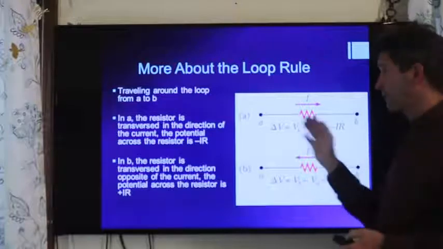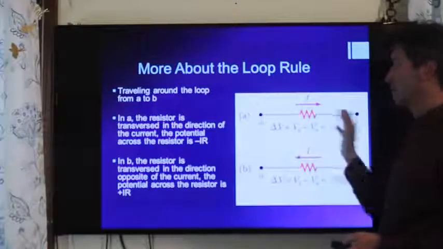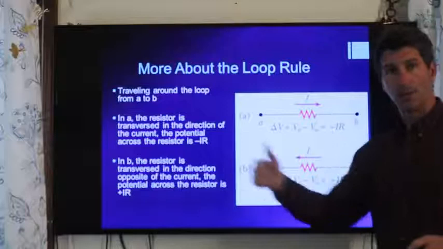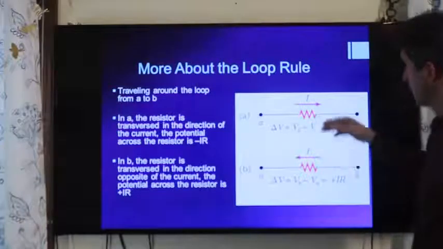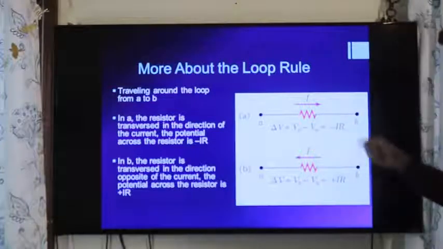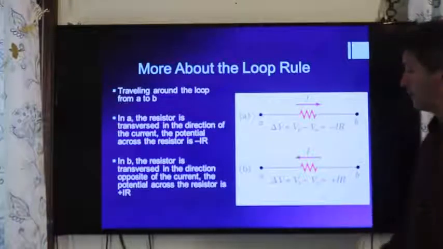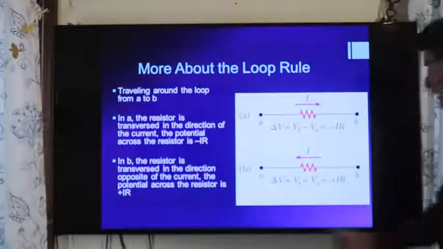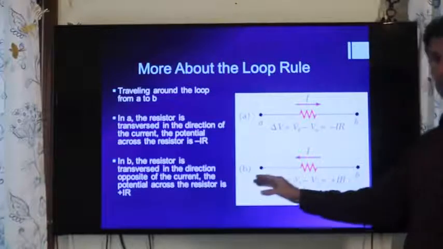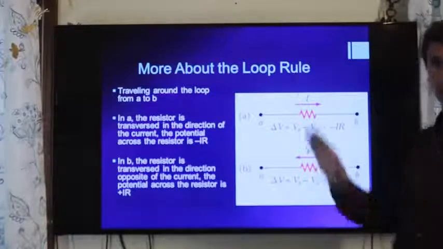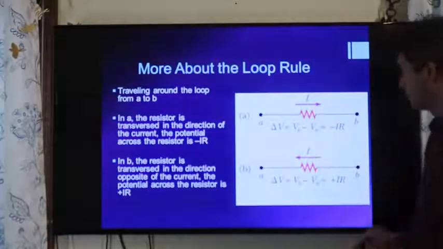Okay? It's not going to go from low voltage to high voltage. The current's going to go with the drop in voltage. So with current in a resistor means that delta V is equal to negative IR. Going against the current, again from A to B, sort of like going upstream, you're going to a higher voltage.